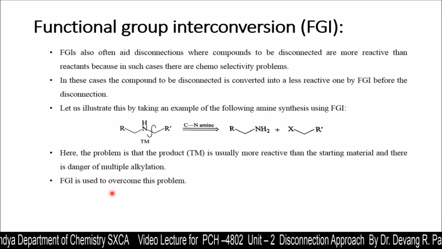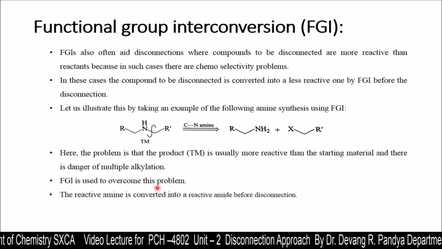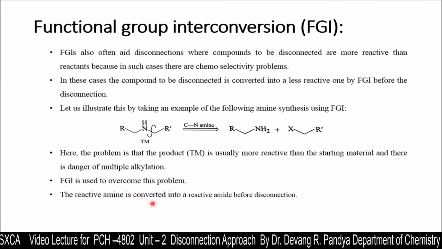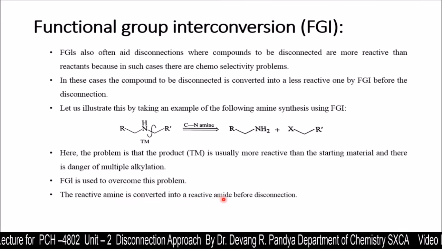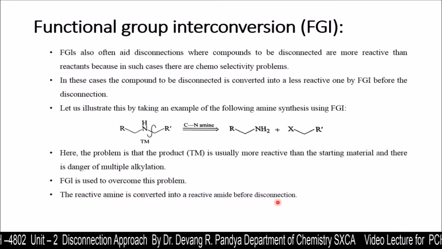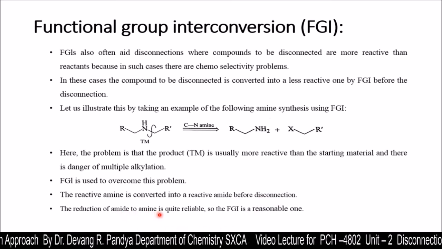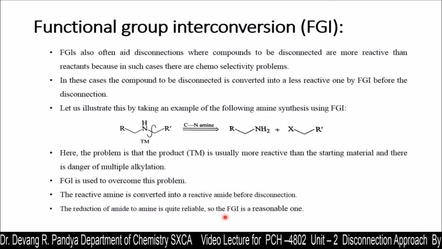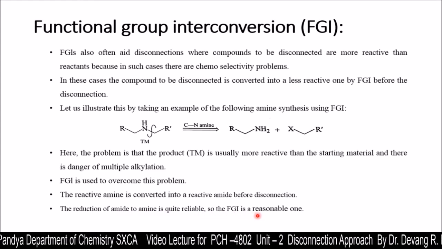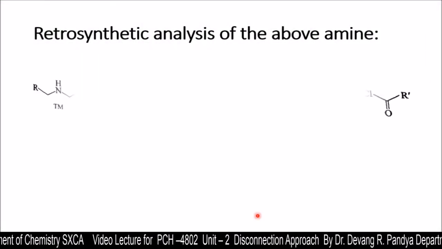So FGI is used to overcome this problem: the reactive amine is converted into a less reactive amide before disconnection, and the reduction of amide to amine is quite reliable, so FGI is a reasonable option over here.